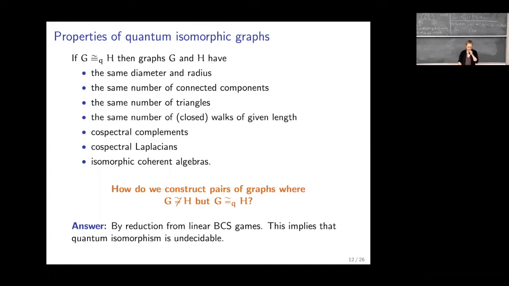One other consequence of this reduction, besides giving us interesting examples, is that quantum isomorphism is undecidable. So it's not just that we weren't smart enough to write code that will search for examples of quantum isomorphic graphs, it's really that such code doesn't exist.